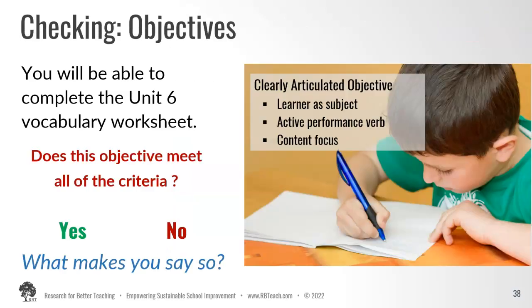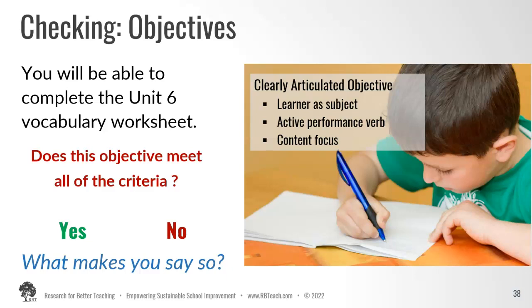So let's go through and figure out if some of these objectives that have been seen in classrooms actually meet those criteria. So you will be able to complete the Unit 6 vocabulary worksheet. Does this objective meet all of those criteria? Learner or subject, active performance verb, content focus. So you're thinking in your mind, and I know you're probably thinking, no, it does not meet that.